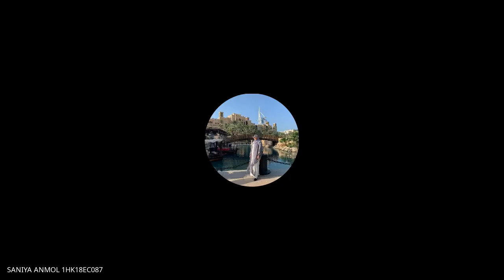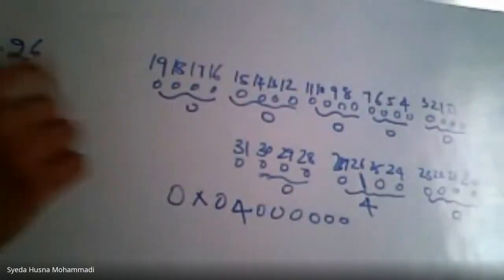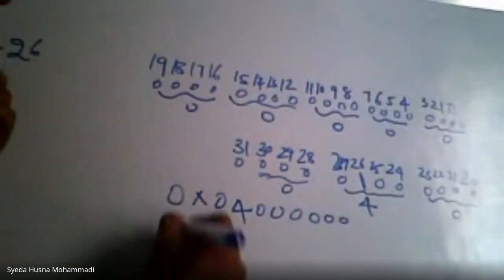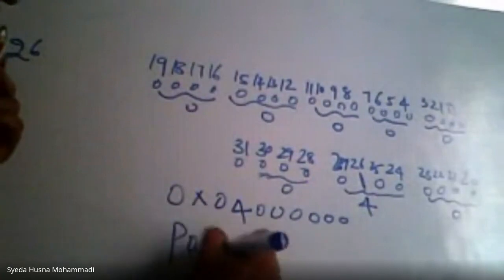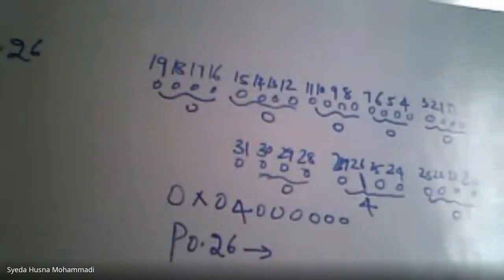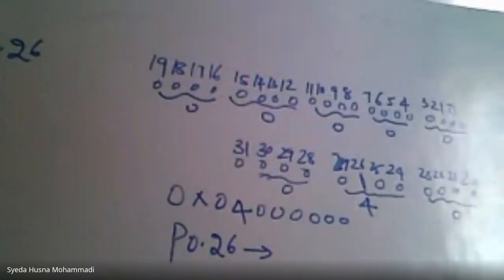Yes, ma'am. Okay. Now I want you all to see, since I'm making use of port 0 pin number 26, it comes under which pin select? Pin select 1, ma'am.